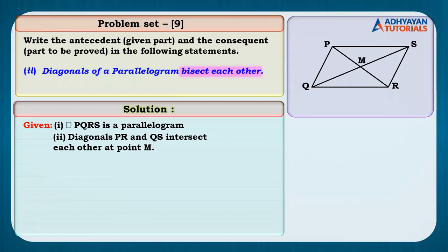That means can I state PM will be equal to MR, and as well as QM. If you look at the figure, QM will be equal to MS. So that means the to prove part has to be PM is equal to RM or MR, whatever you name it. And second, QM is equal to SM, right? I hope it is clear.